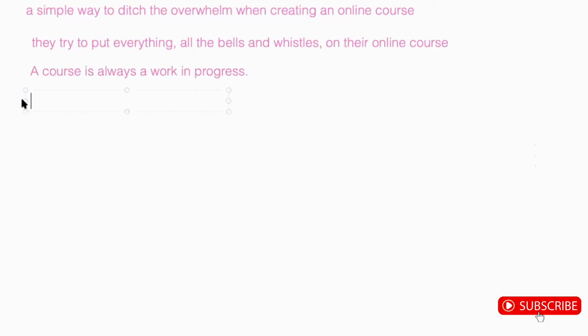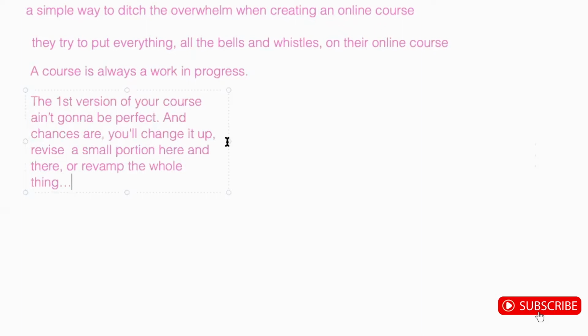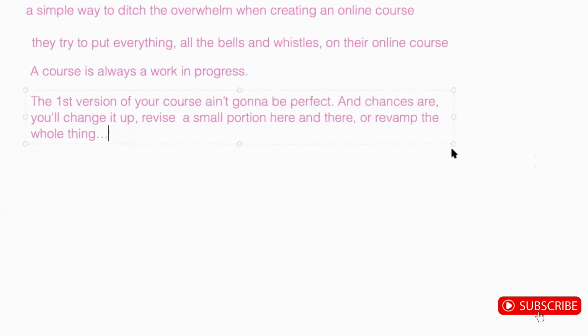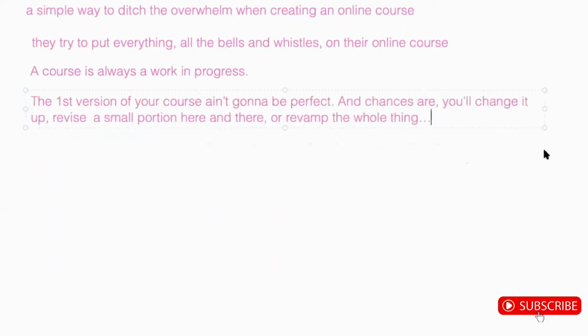And I've done this, I've seen a lot of people do it. Okay. So again, the first version of your course is not going to be perfect. It will never be perfect. The first iteration is far from maybe your ideal online course, and that is okay. Super duper okay.